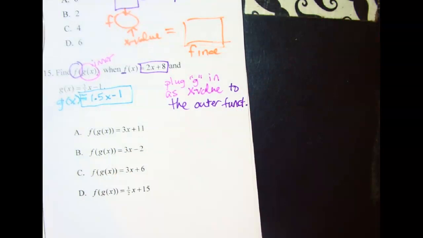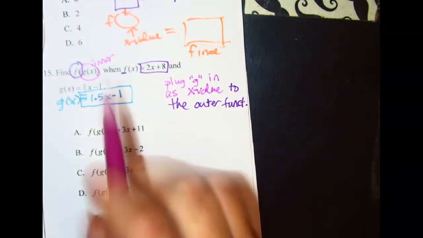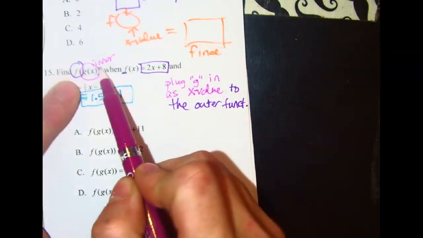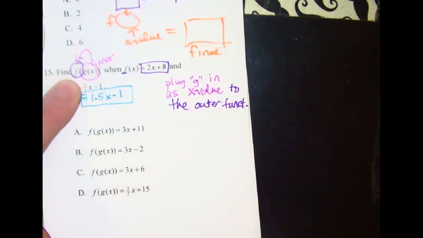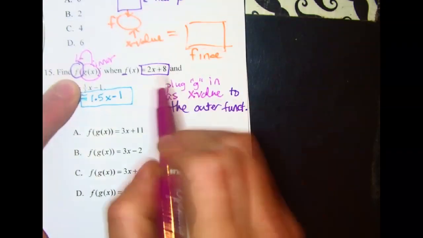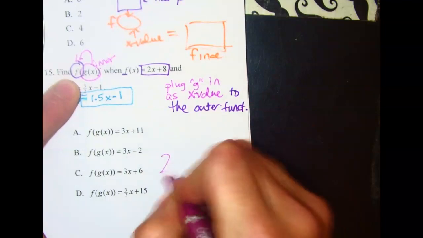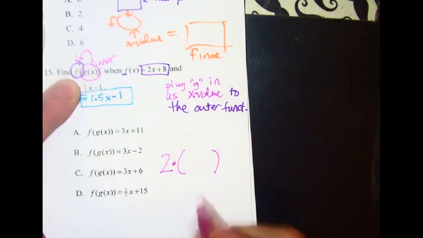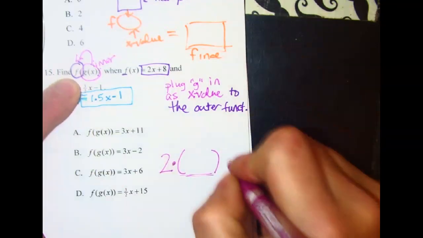Okay? This is how I like to do it. I know I'm plugging something into the outer function. I plug the inner, and it goes into the outer when there's no number there. So I'm going to start by writing the outer function. It's 2 times, and then I'm going to leave a big space, where the x would normally be, and then plus 8.